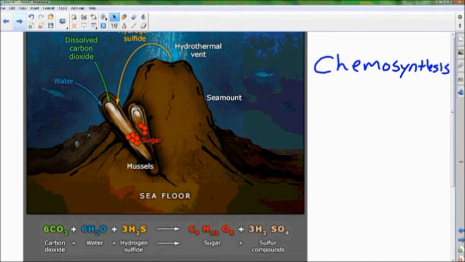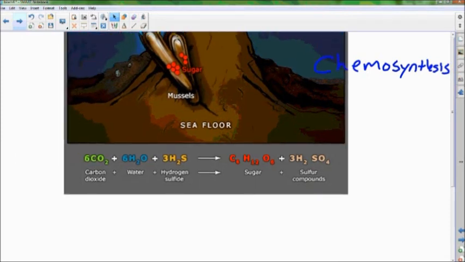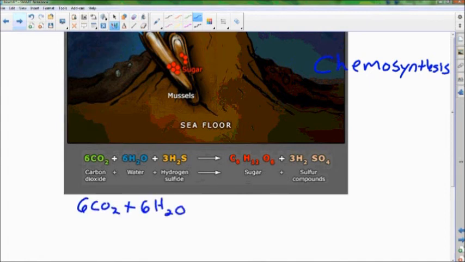So in chemosynthesis, organisms make their own food, but they use chemical reactions instead. If you remember, the equation for photosynthesis is 6CO2 plus 6H2O.